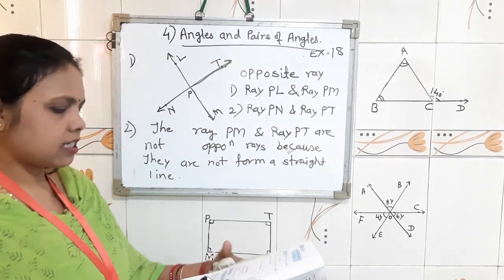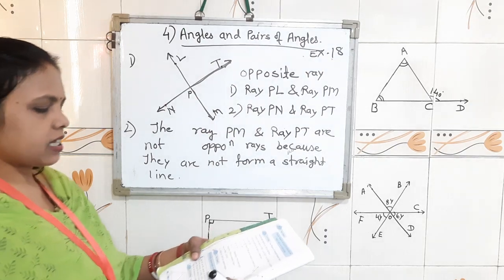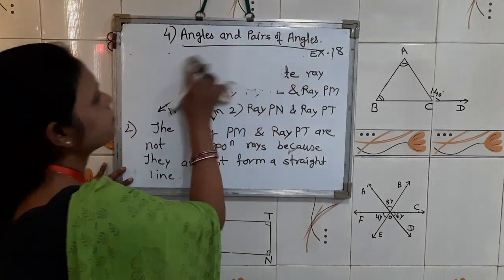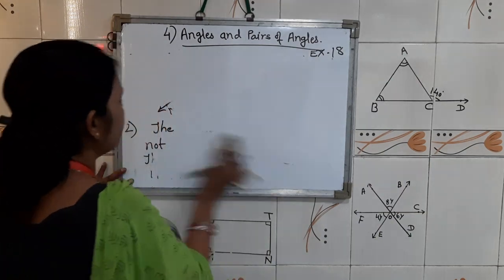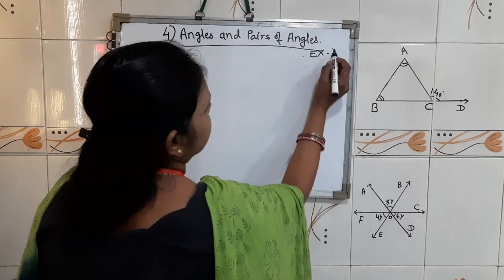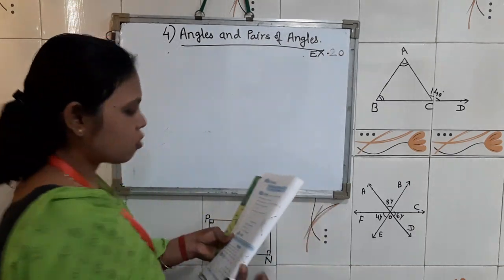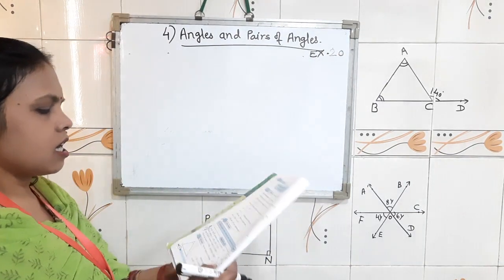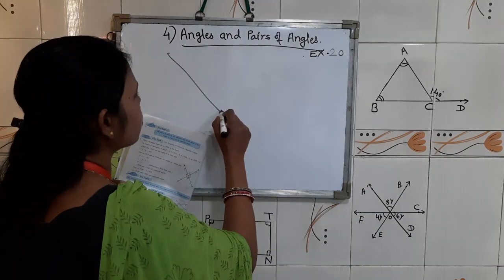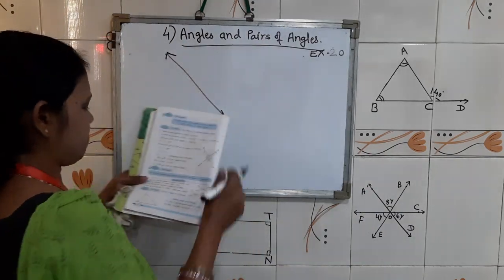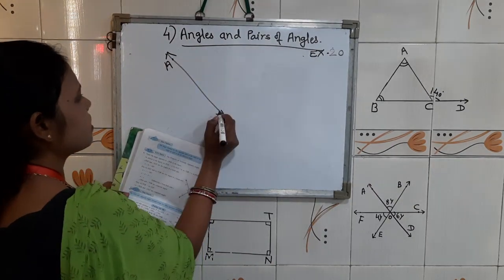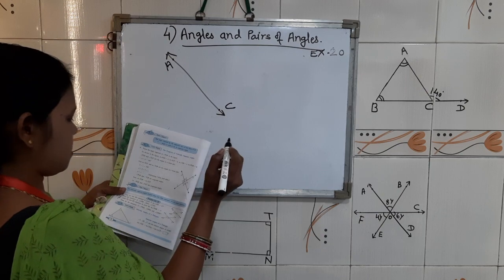Next one, exercise 20. First I will rough this one. Exercise 20. So children, here the question is given. First we will draw the diagram. Line AC.